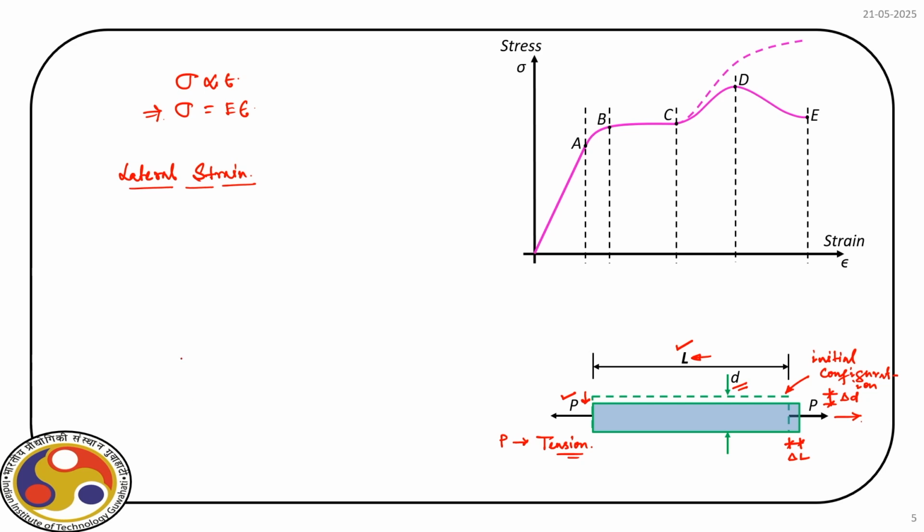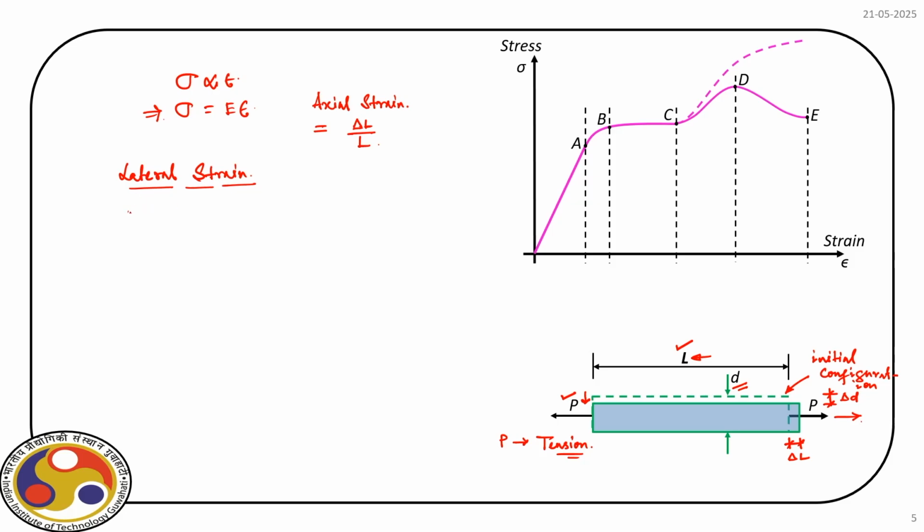So, the axial strain is equal to delta L by the gauge length. So, what about this lateral strain?